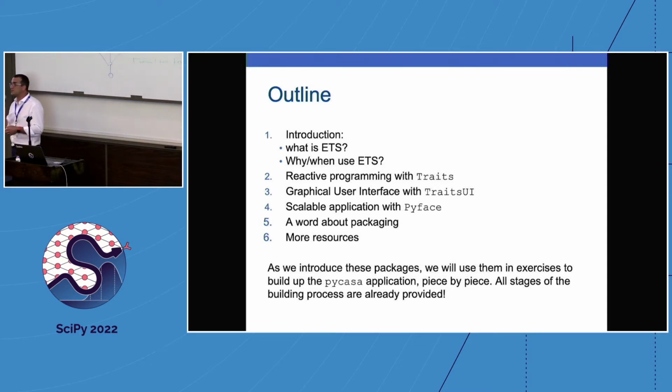It allows you to do reactive programming. Then Sedan is going to lead the second section and build views, UIs for your data using Traits UI. We're going to build some panels there, and then we're going to use PyFace as the third step to put it all together and build an application.